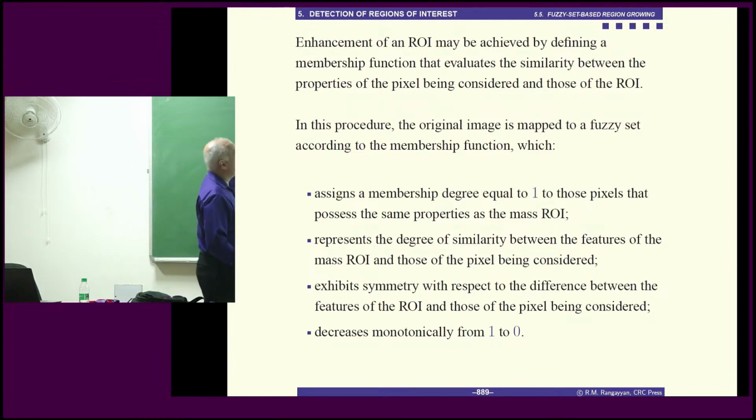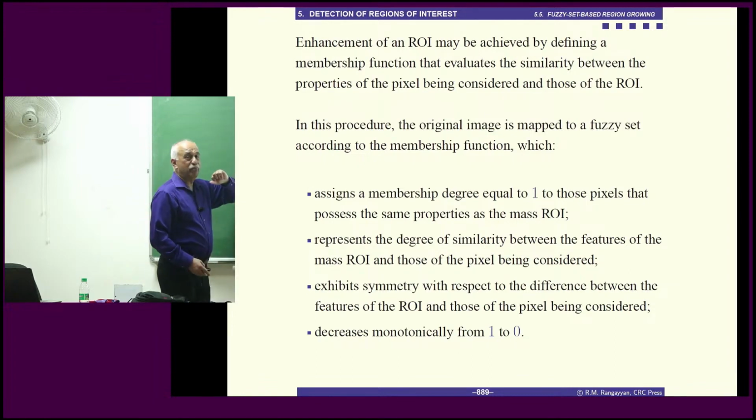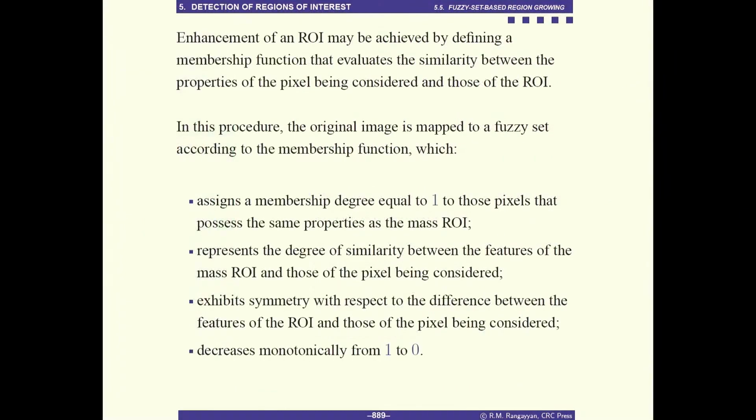The original image is mapped to a fuzzy set according to a membership function. It assigns a membership degree equal to 1 to those pixels that possess the same properties as the mass region of interest or the reference. It represents the degree of similarity between the features of the mass region and those of the pixel being considered, exhibits symmetry with respect to differences being positive or negative, and decreases monotonically from 1 to 0.